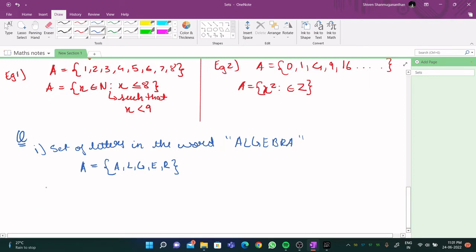If the way of writing this equation here of alphabets in a letter, so we will write A is equal to bracket open x such that x is a letter in the word algebra. All right.